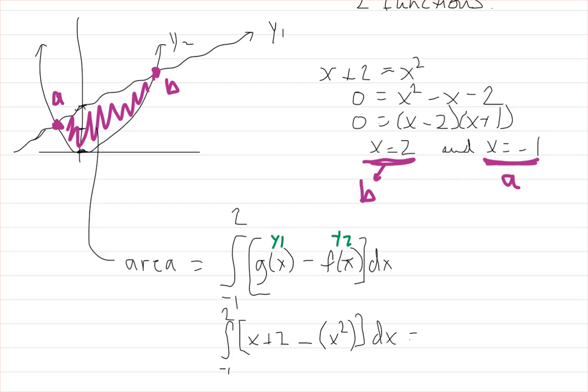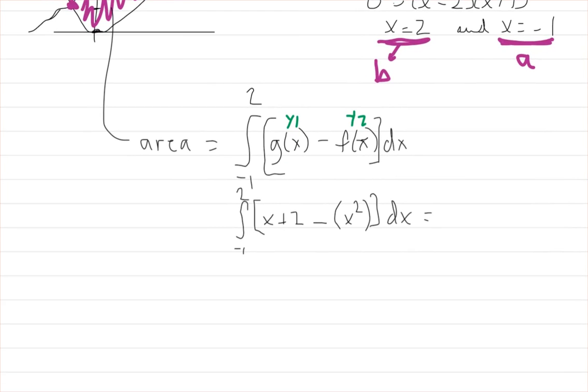Okay, and if we go ahead and integrate, let me move this up because we're getting near the bottom here. If we go ahead and integrate this, what do we have? Well, the integral of x will be 1/2 x squared. The integral of 2 will be plus 2x.